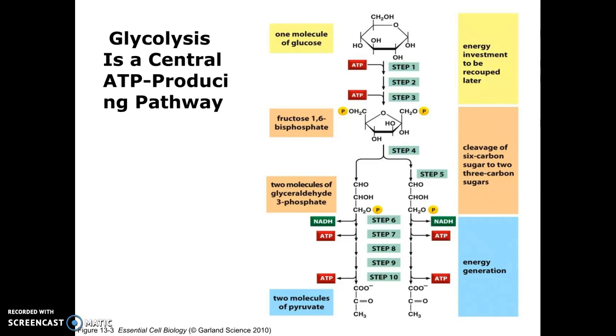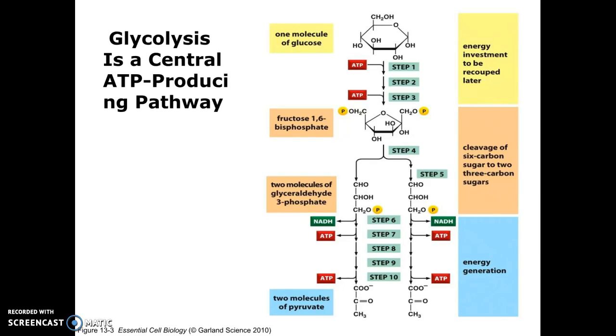Glycolysis is central to producing ATP. It's not just the first step, but even the byproducts are going to be utilized in subsequent ATP production. So in step 6 we're going to produce NADH, and then in step 10 we're going to produce pyruvate.